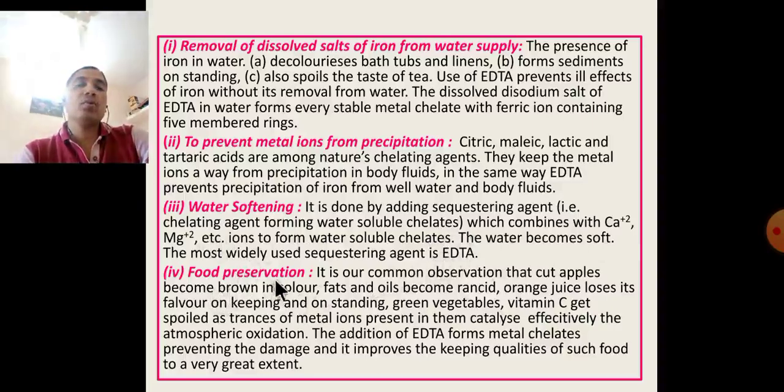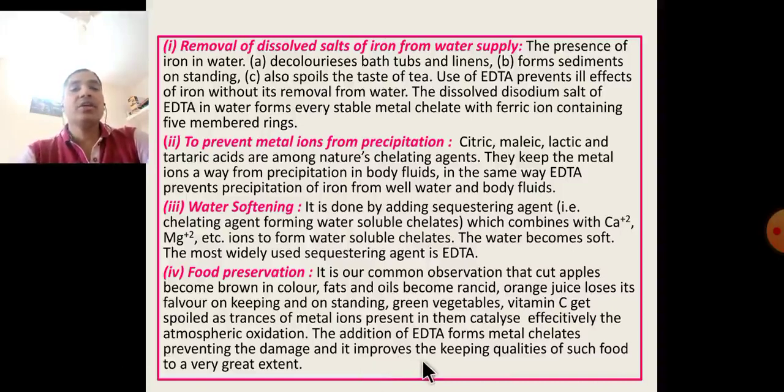Next, fourth, food preservation. It is our common observation that cut apples become brown in color, fats and oils become rancid, orange juice loses its flavor on keeping, and on standing green vegetables and vitamin C get spoiled, as traces of metal ions present catalyze the atmospheric oxidation effectively.